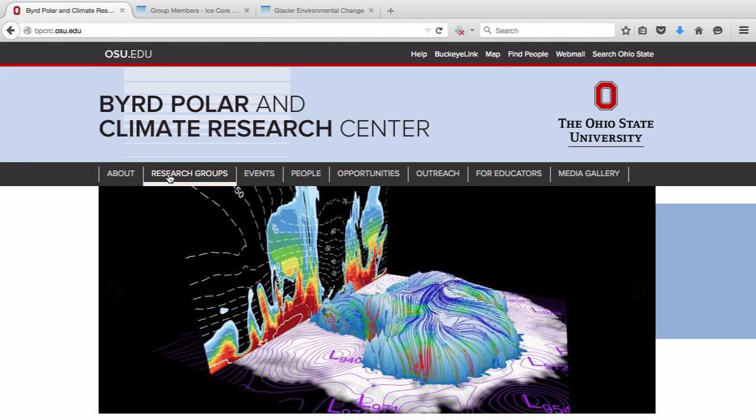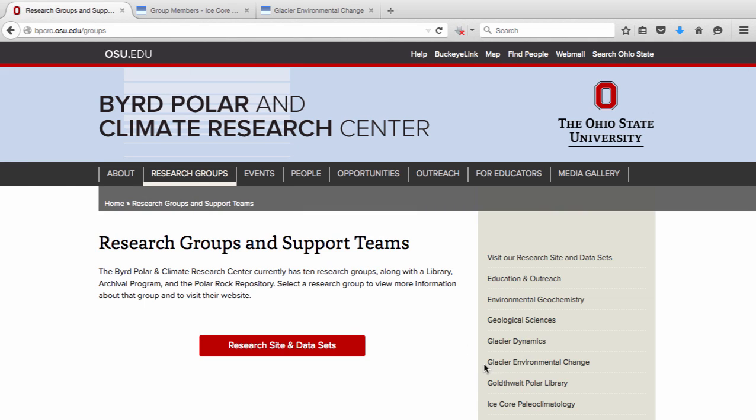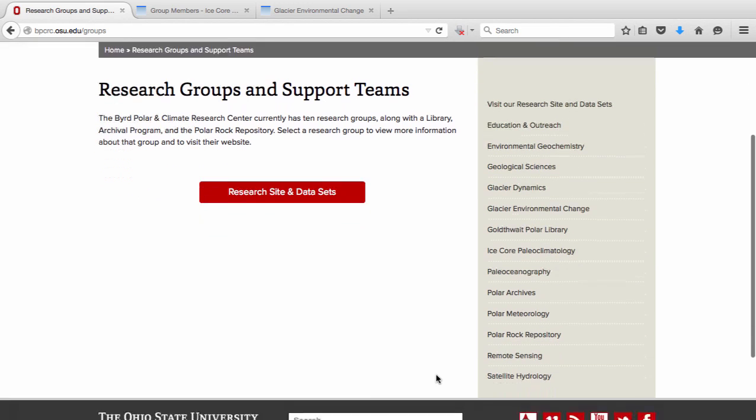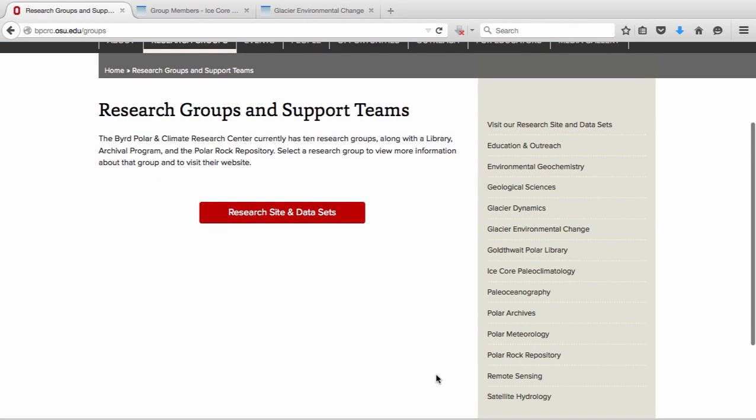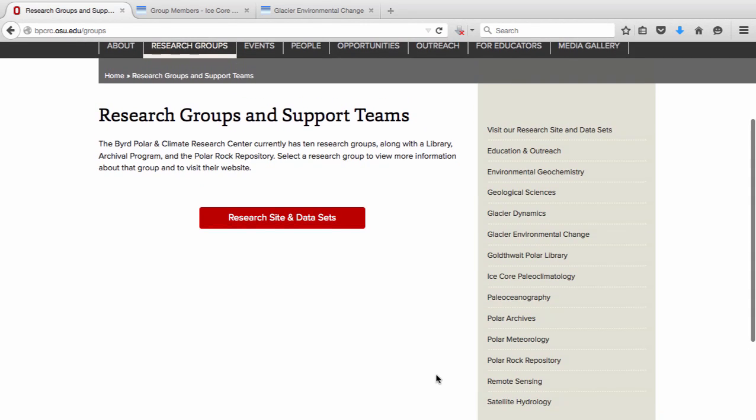Over at Byrd, they have quite a few different research groups looking at different aspects of the cryosphere of our planet. In other words, where is there stuff that's frozen? And these research groups span those two aspects of physical geography that I described.